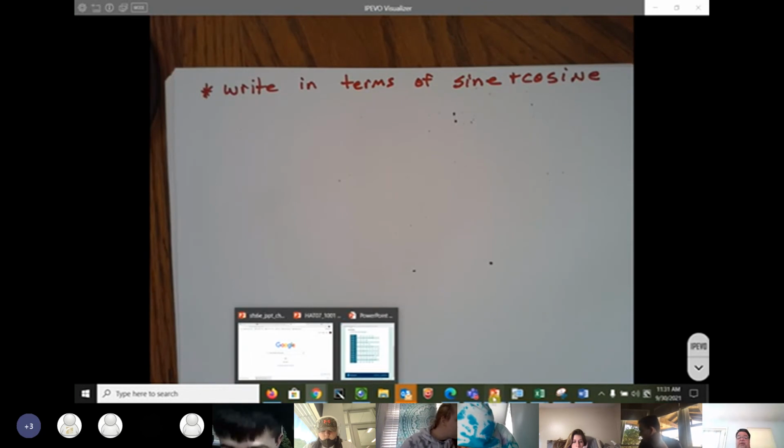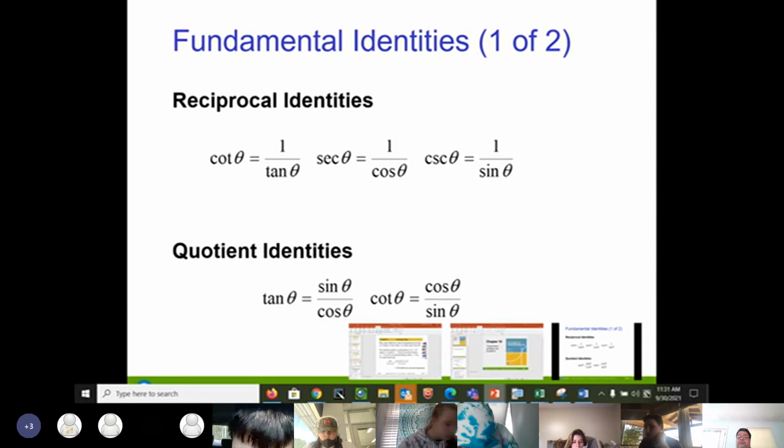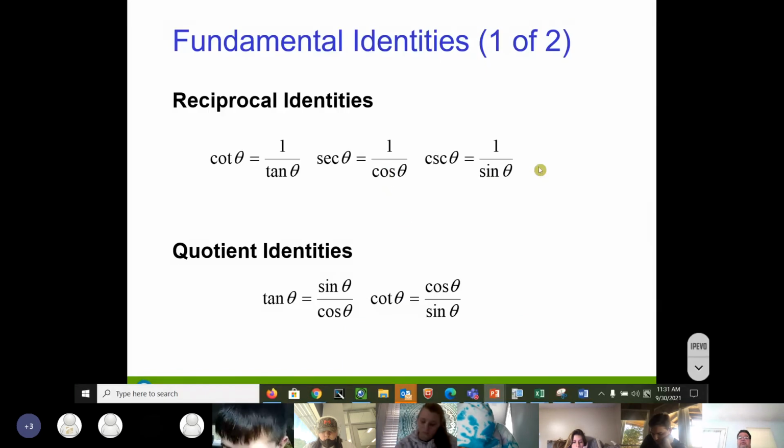They have them in sine and cosine, cosine and sine. Now you could write all 6 reciprocal identities, but they want you to know these 2 because they're in terms of sine and cosine. And of course, these 2 are your most important because they are in terms of sine and cosine, and they help you prove other identities. These 2 work together to help prove other identities.